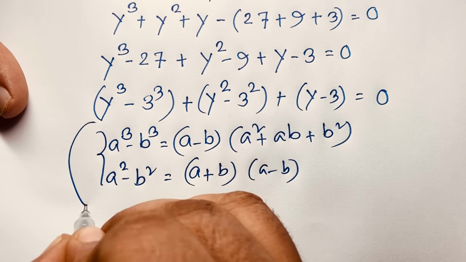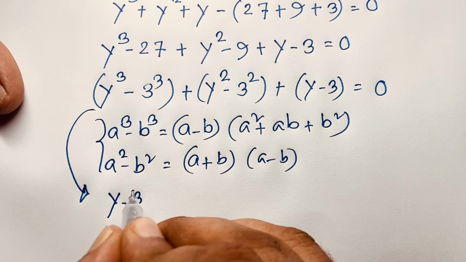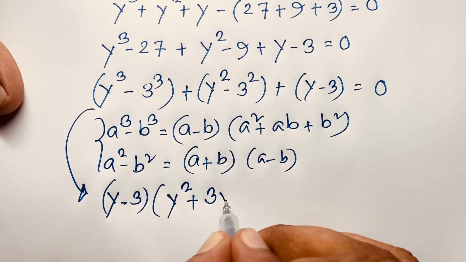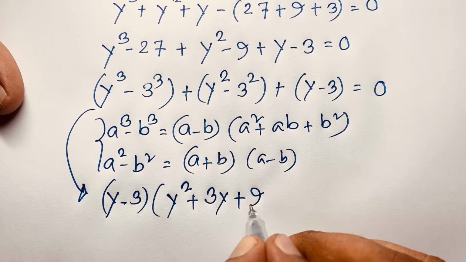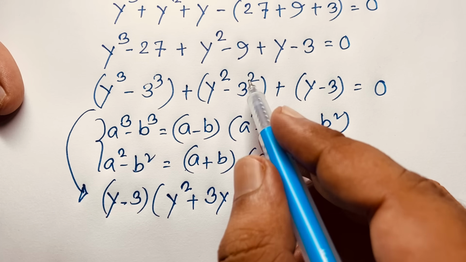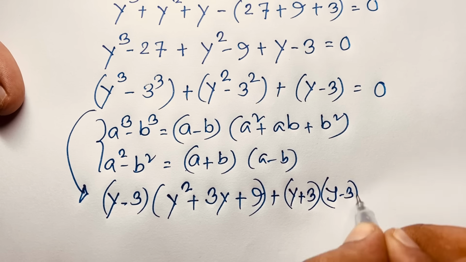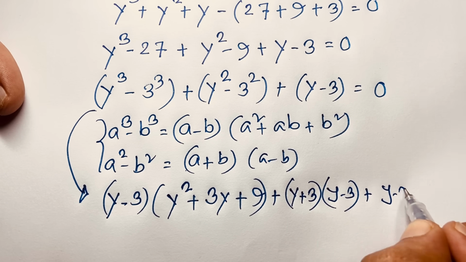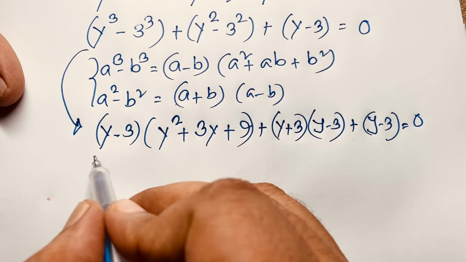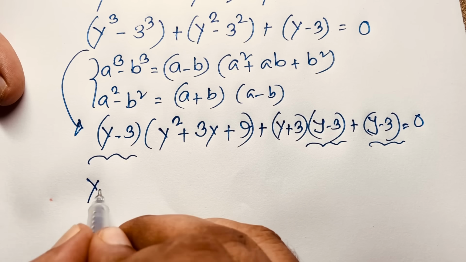I apply both formulas here, then in this expression a minus b is 3, and a square plus ab is 3 times y, so 3y plus b square, I mean 3 to the power 2, it will be 9. Plus, if I apply the formula a square minus b square, (a plus b) times (a minus b), and here positive y minus 3 is equal to 0. Now in this expression, you can say this is y minus 3, this is y minus 3, this is y minus 3, so y minus 3 is common.